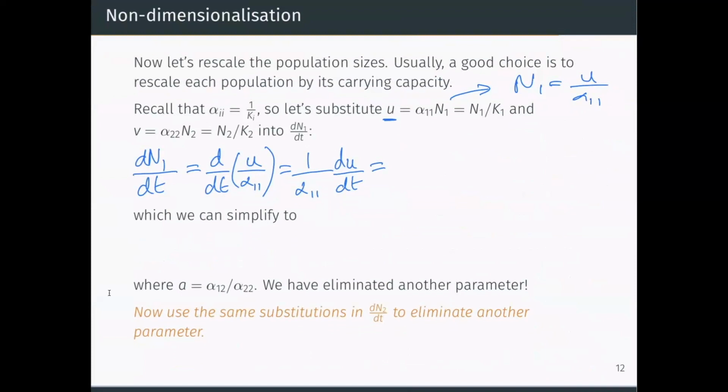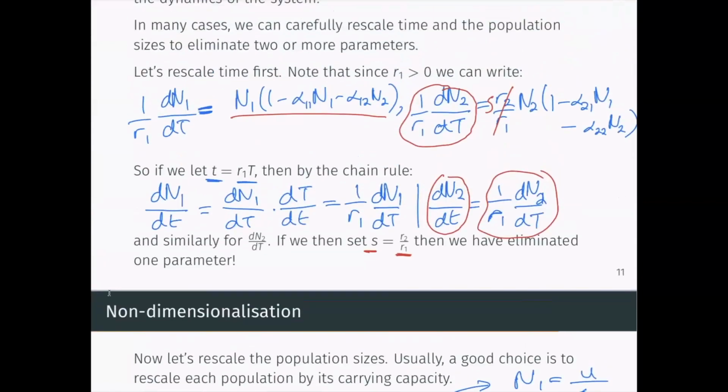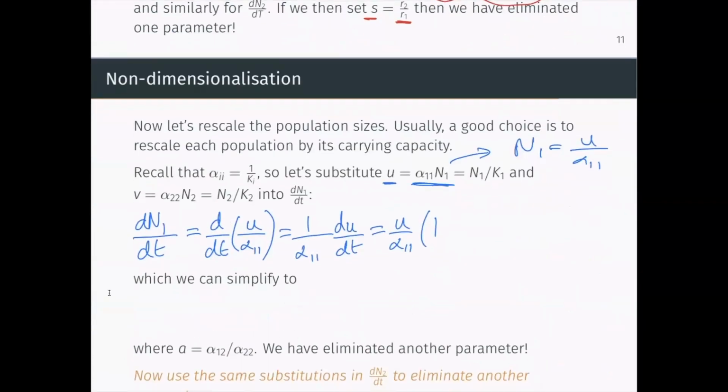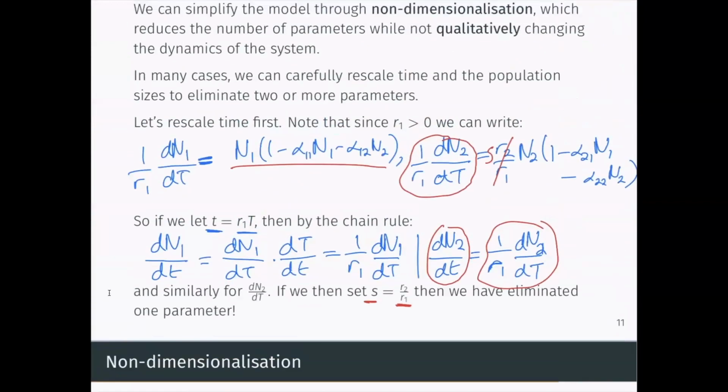So we replace the first n1 in this equation with u over alpha 1,1. What else do we have? We had 1 minus alpha 1,1 n1. Now we've defined alpha 1,1 n1 to be u, so this is just going to be 1 minus u here. And then we also had a minus alpha 1,2 n2.